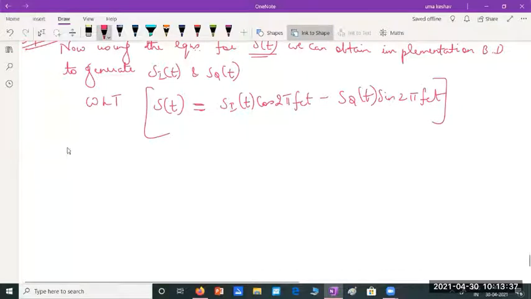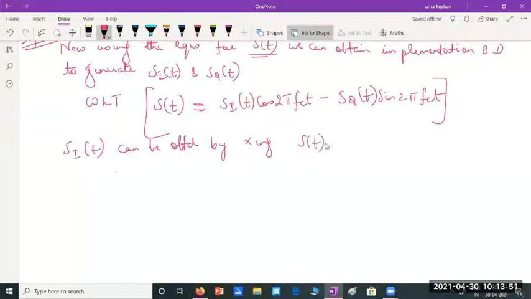So you just write here Si of t can be obtained by multiplying S of t with 2 cos 2 pi fct and then using a low pass filter.